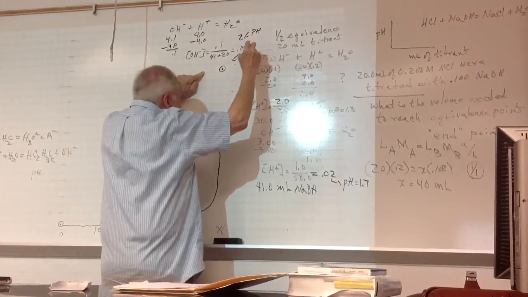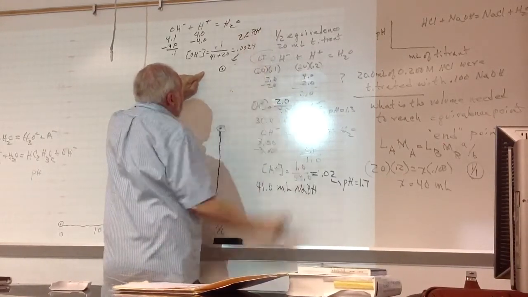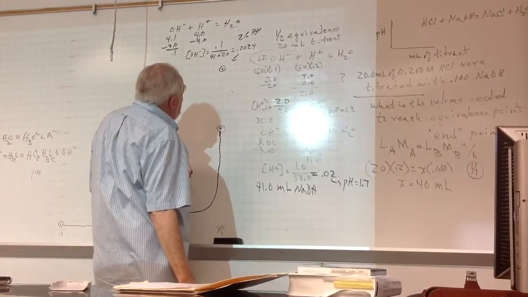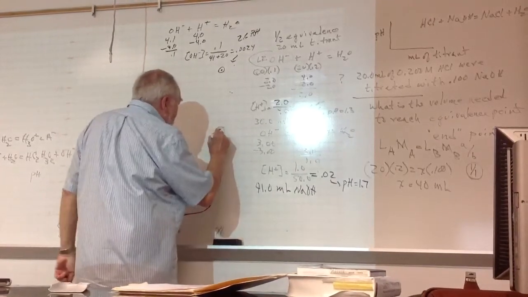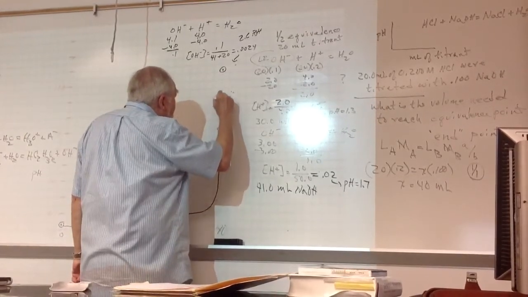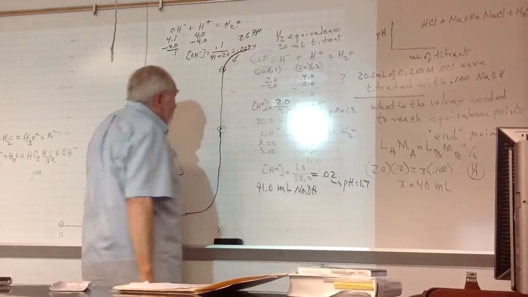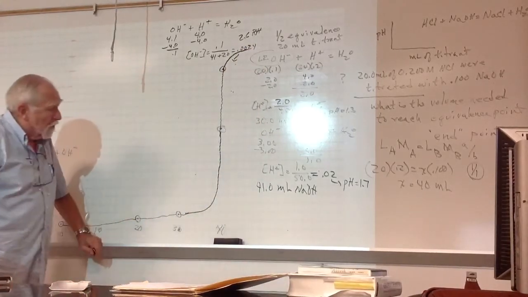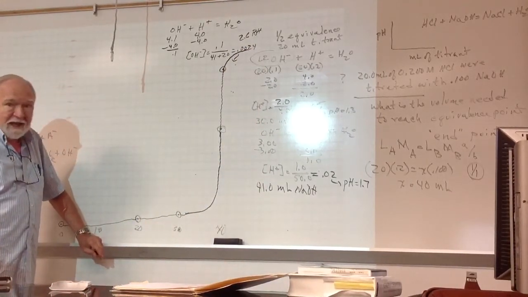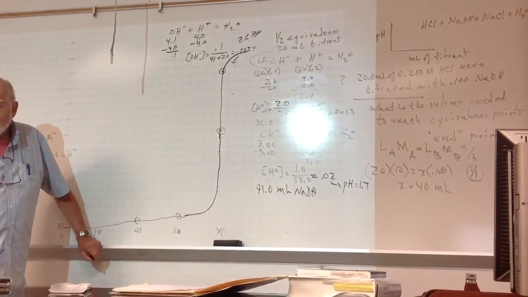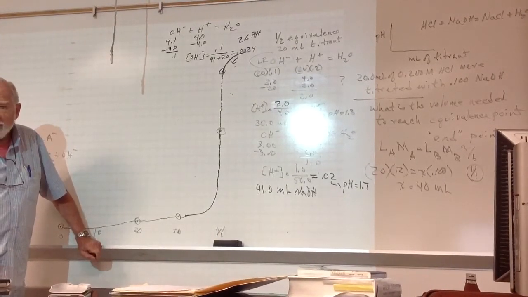Oops, that's not what I said. pOH 2.6 is the pOH, and 11.4 was the pH. And so you see the curve goes like this. And eventually you'll start going over as you add more and more excess NaOH. That's what your titration curve looks like for the titration you did.